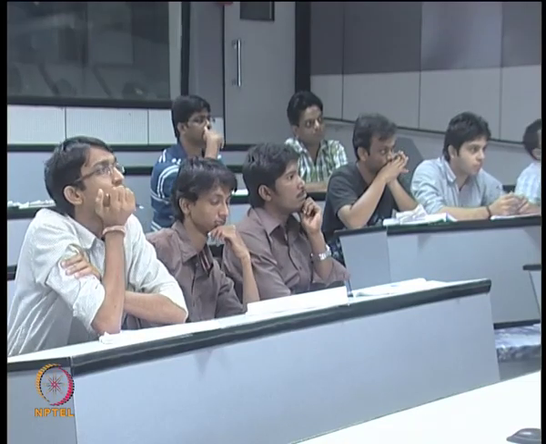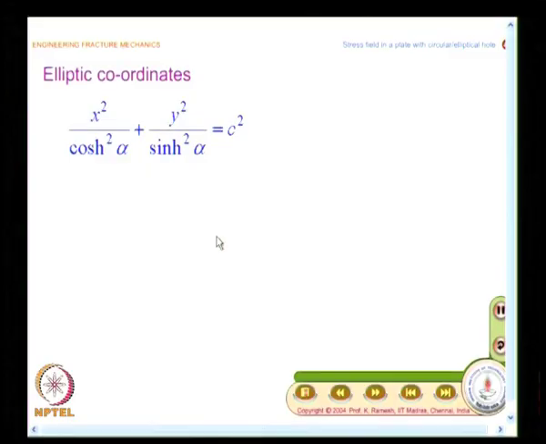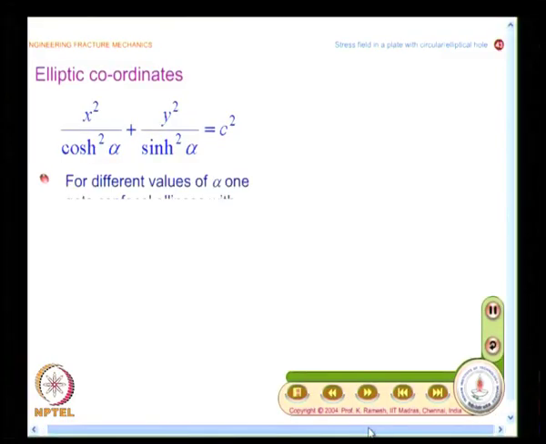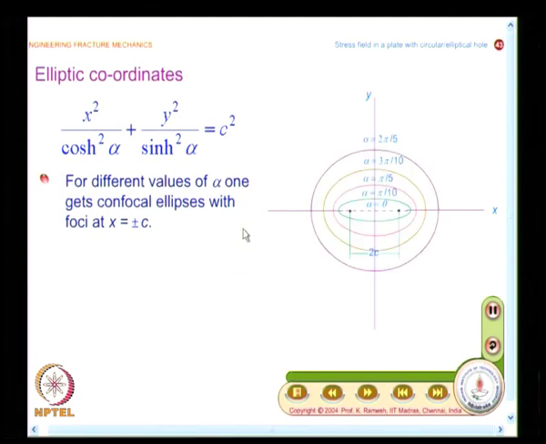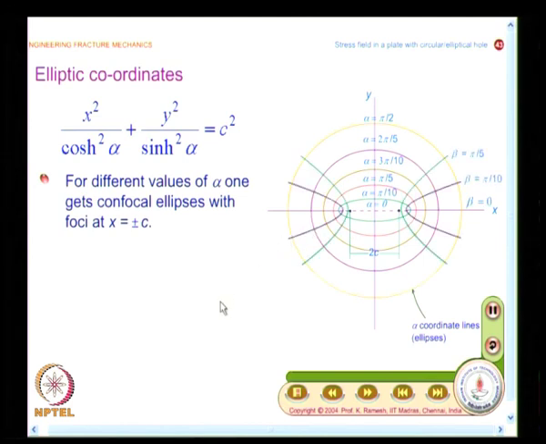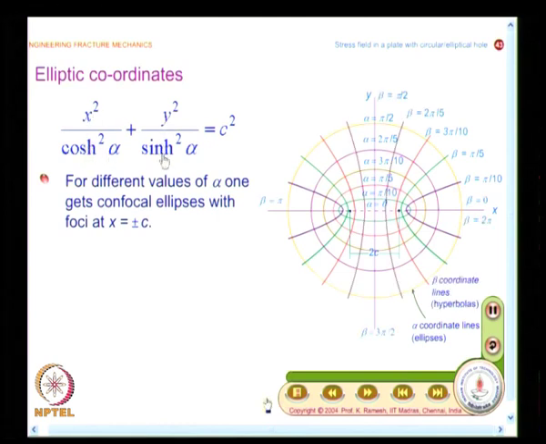Then you could also have a look at the elliptic coordinates. I will just show the elliptic coordinates, and you have to recognize that these were necessary for solving the problem of a plate with an elliptical hole, and this comes from a basic expression x squared by cosh squared alpha plus y squared by sinh squared alpha equal to c squared, and for different values of alpha one gets confocal ellipses.